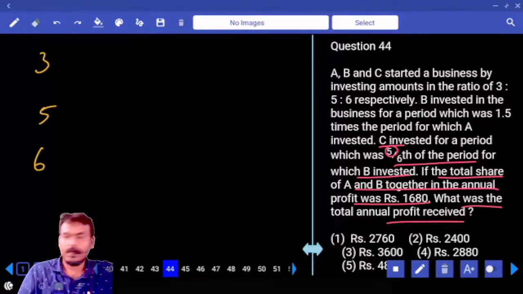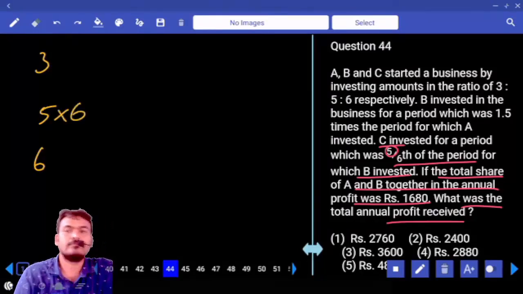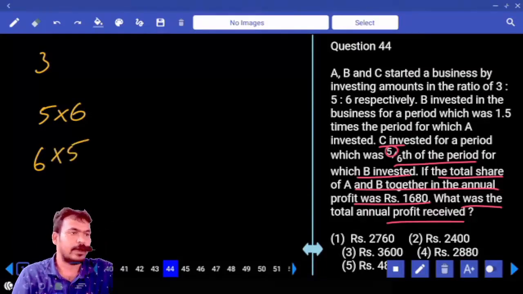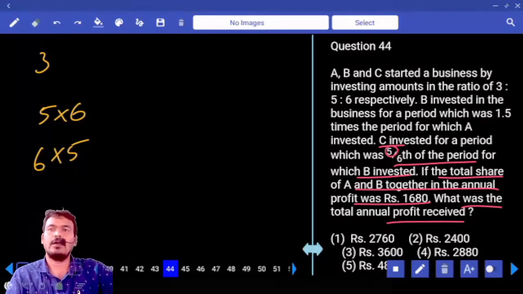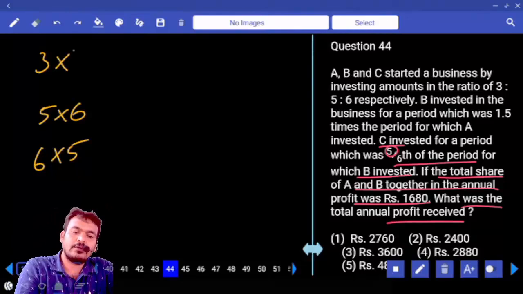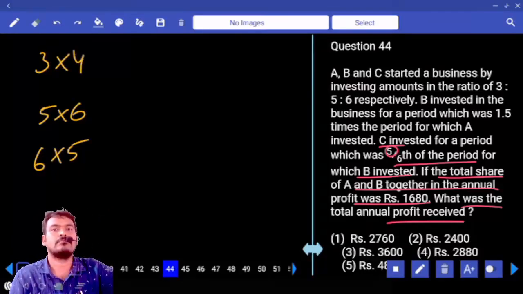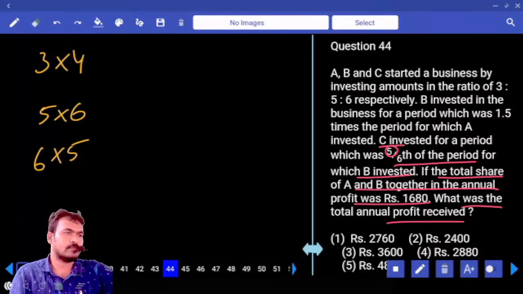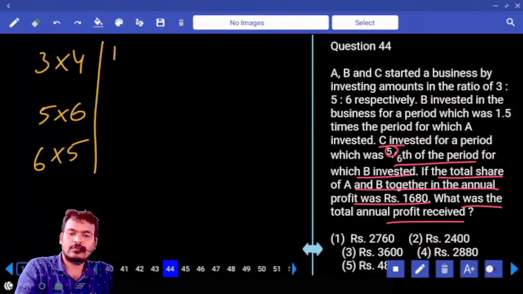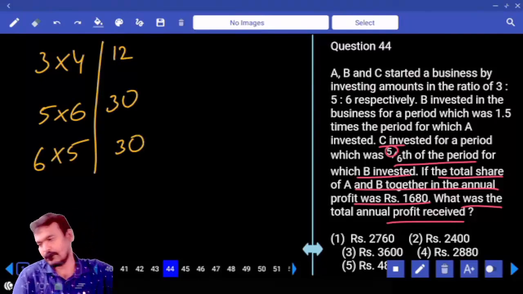First, the investment ratio is 3:5:6. B's time period is 6 parts, and C's time period is 5 parts. B's time period is 1.5 times A's, so A's time period is 4 parts. 3 times 4 is 12, 5 times 6 is 30, and 6 times 5 is 30.